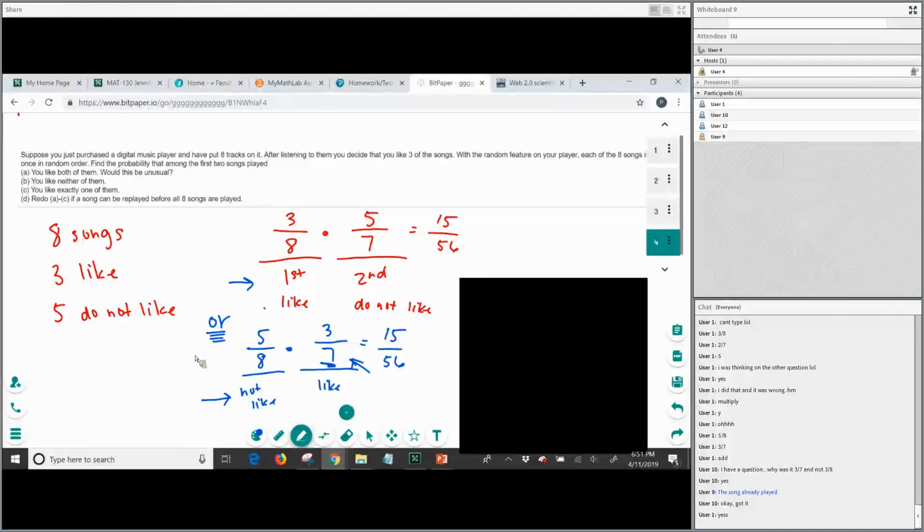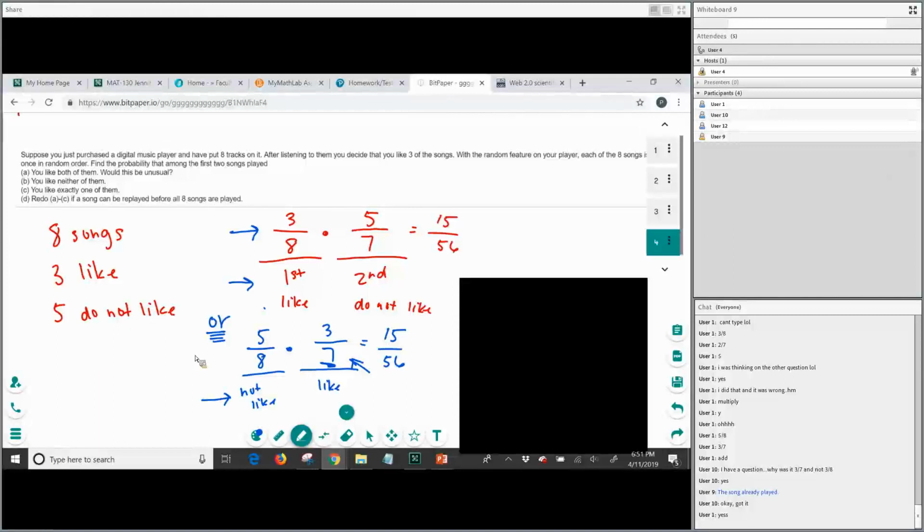Awesome. So letter D is basically telling you just to redo the songs, but assuming that, hold on. Redo A through C if a song can be replayed before all 8 songs are played. Okay. So basically, in this one, let's pretend we were doing this one, but under the conditions of letter D. So, okay, we wanted to like the first song and not like the second song.